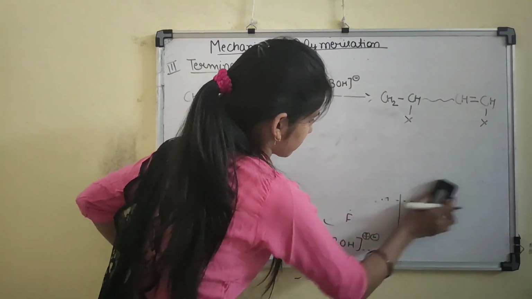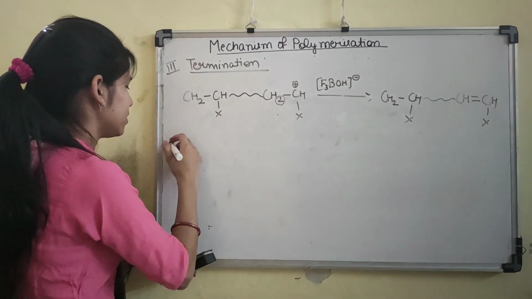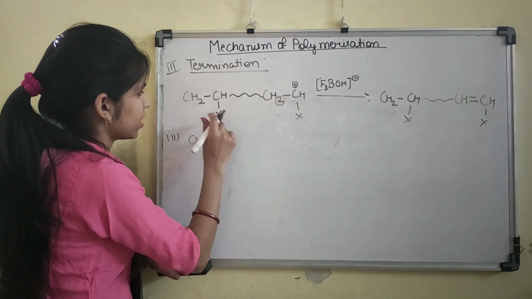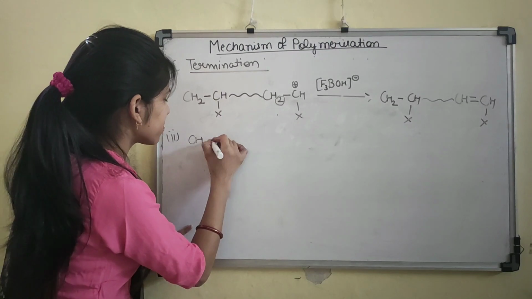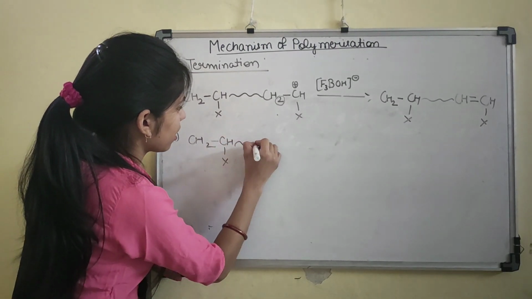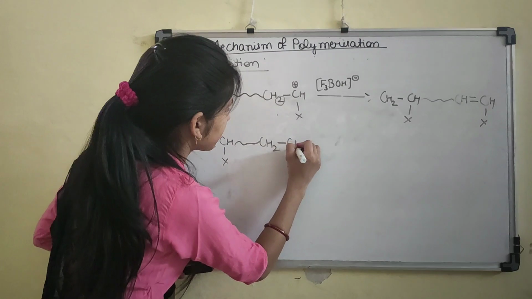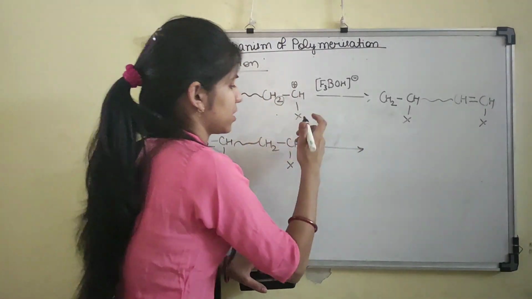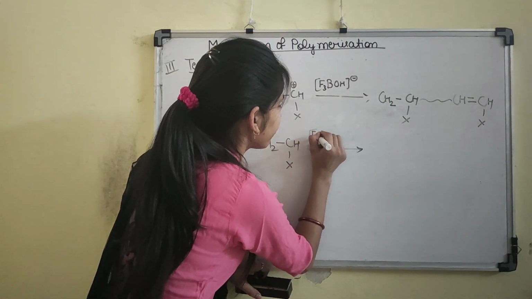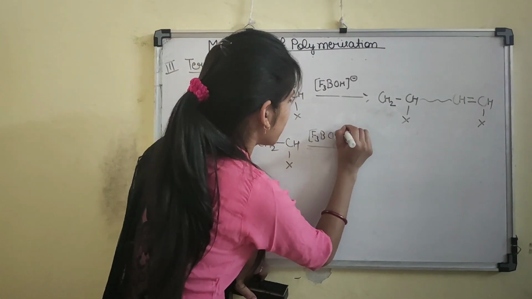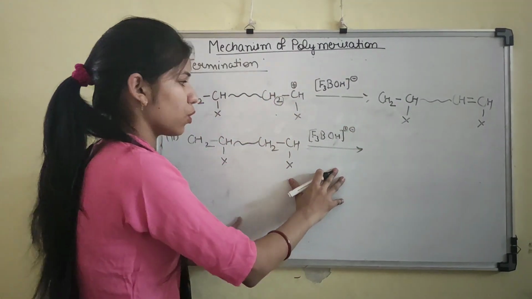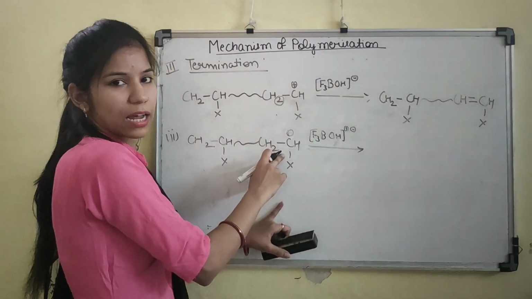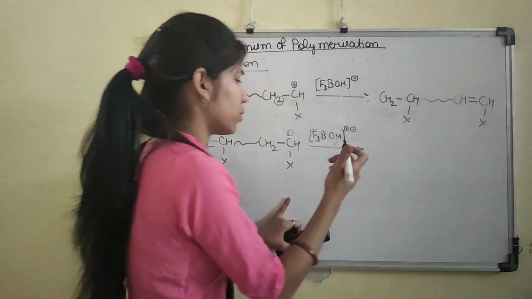Now there is another termination in which this monomer unit is present and this counter ion, BF3 OH positive negative, attacks the positive carbon atom and forms a sigma bond.